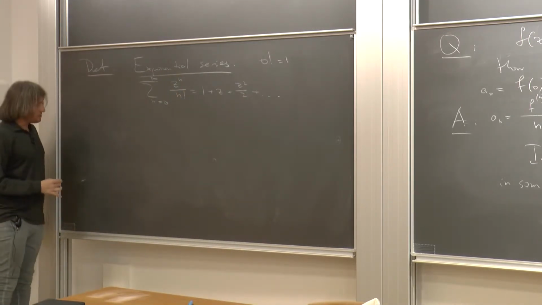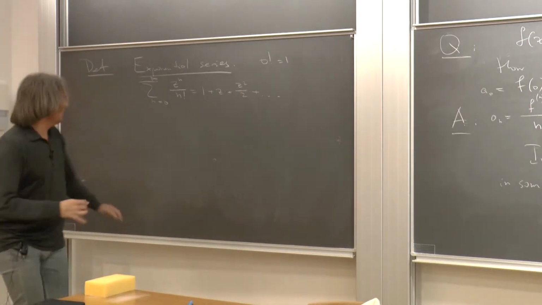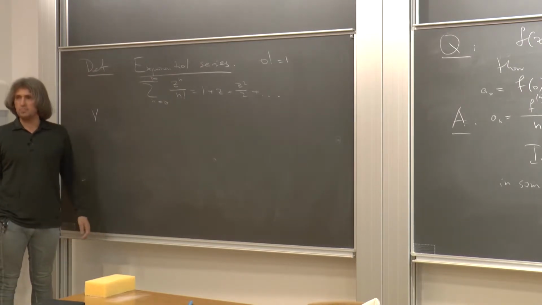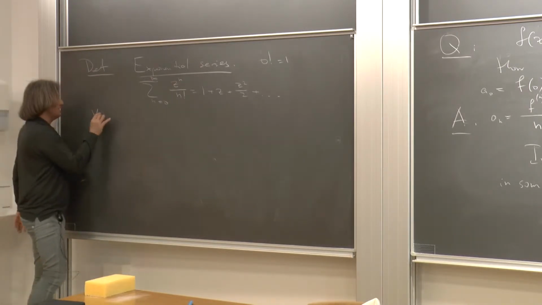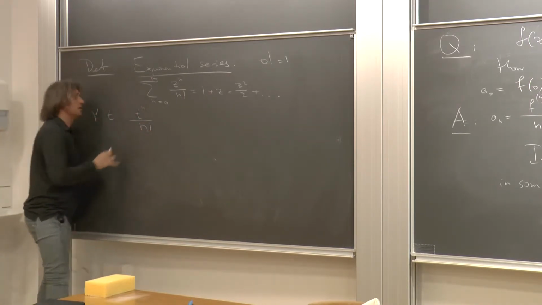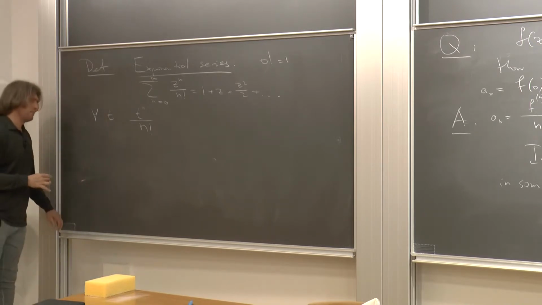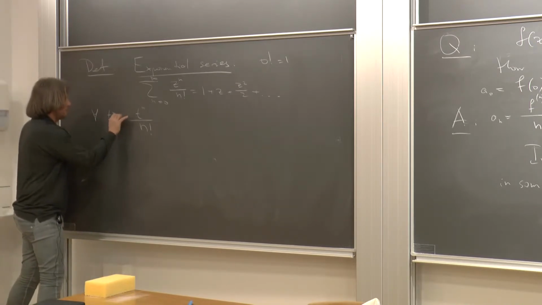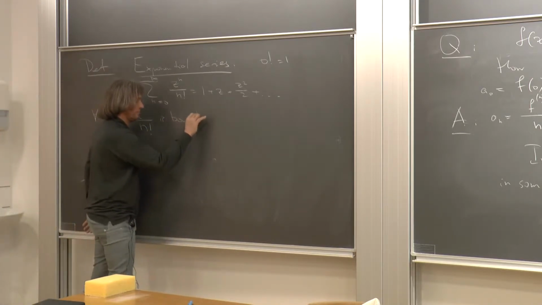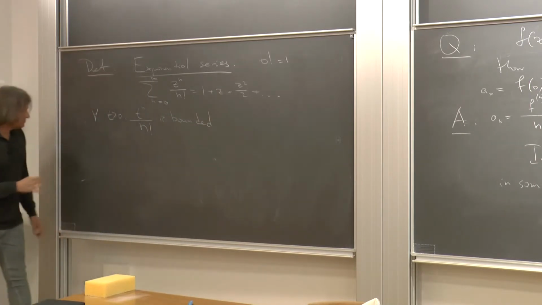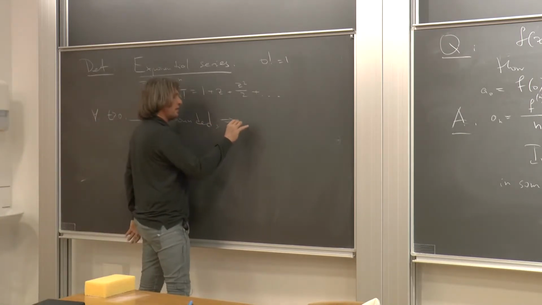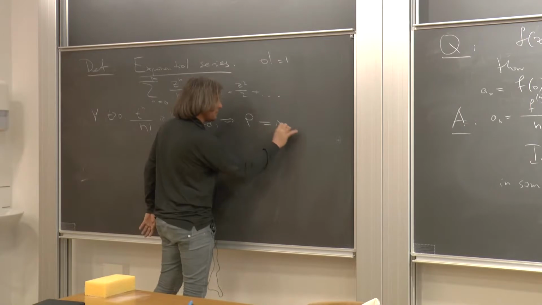Now looking at coefficients, we see that for every t, factorial grows very fast. Factorial grows faster than any power. So for any t, t to the n by n factorial is bounded, so the limit is 0. It follows that the radius of convergence equals infinity.